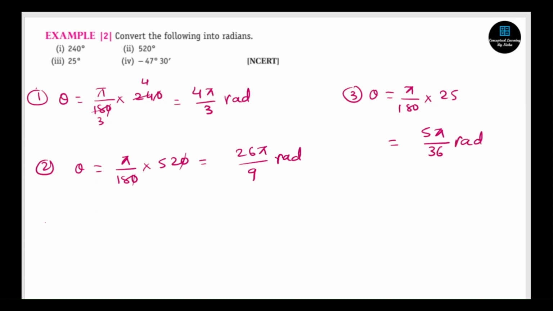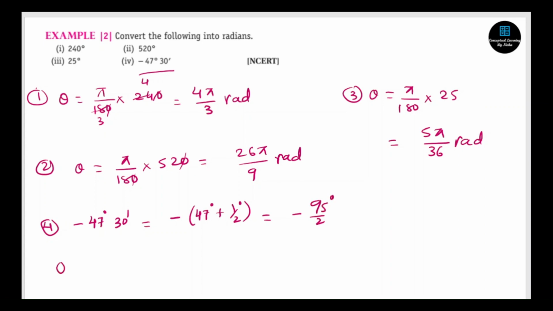Now the fourth one. Now understand, here it is degree and minutes. So first of all, I'll write this as minus 47 degree 30 minutes. The minus I can write outside. So 47 degree plus 1.5 degree, correct? Because 60 minutes is 1 degree, right? And now I can write this as minus of, when I take the LCM and simplify this, I'll get 95 over 2 degree.